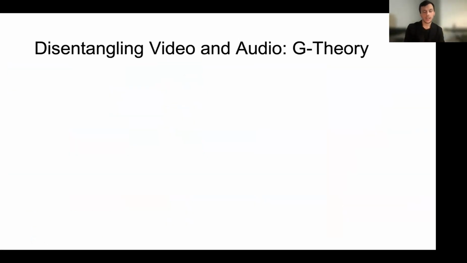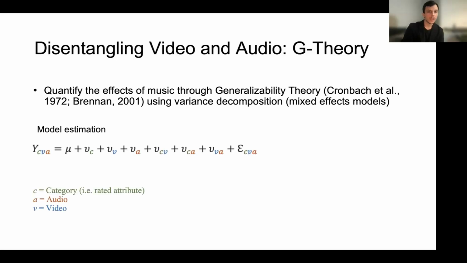So then comes the next step of modeling this data and trying to establish the effect of audio alone aside from video. So we turn to G theory, generalizability theory. Using what is essentially a mixed effects model, we construct a model which tries to compartmentalize the variance attributable to a given attribute rating, a word like intense or bold, the video itself, and the audio itself, plus how these factors interact with one another.